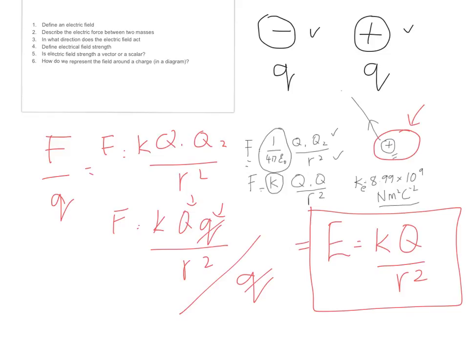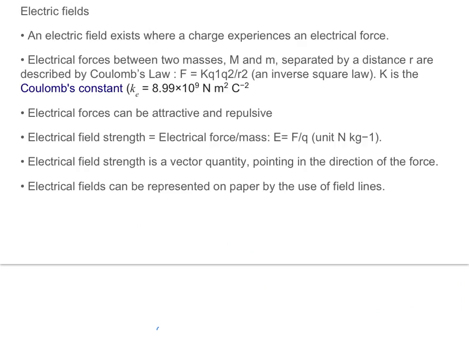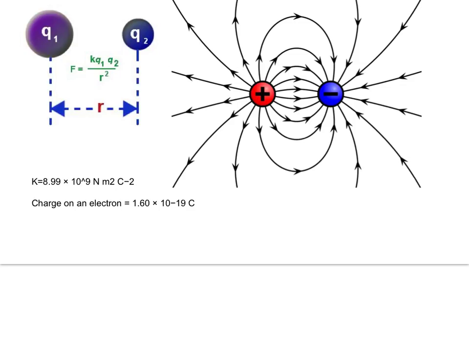Both electric field strength and the force are vectors, so the direction is important. Field line diagrams, as just mentioned, show the direction that a point positive charge would feel in the field.